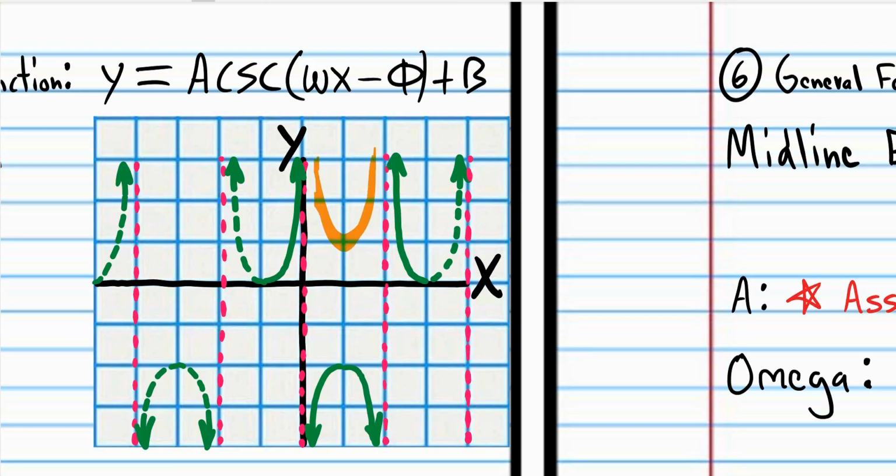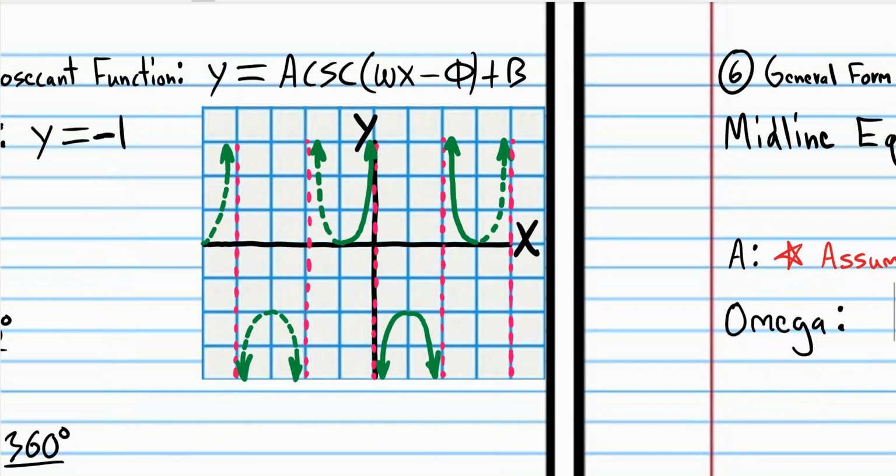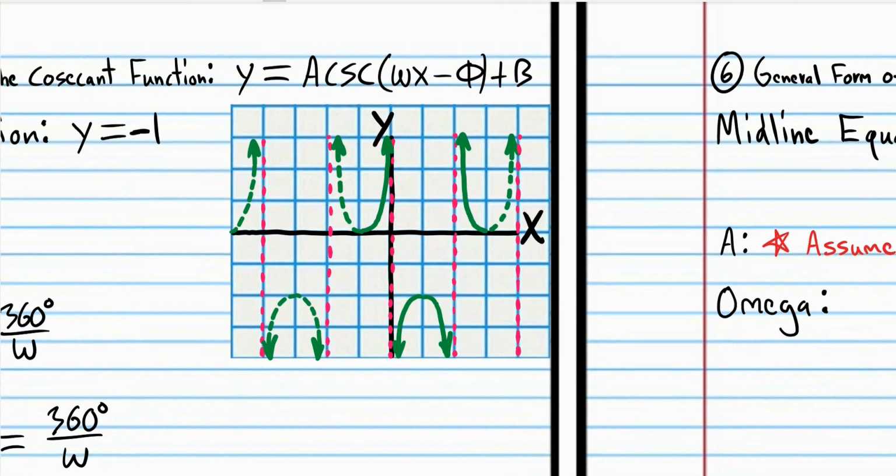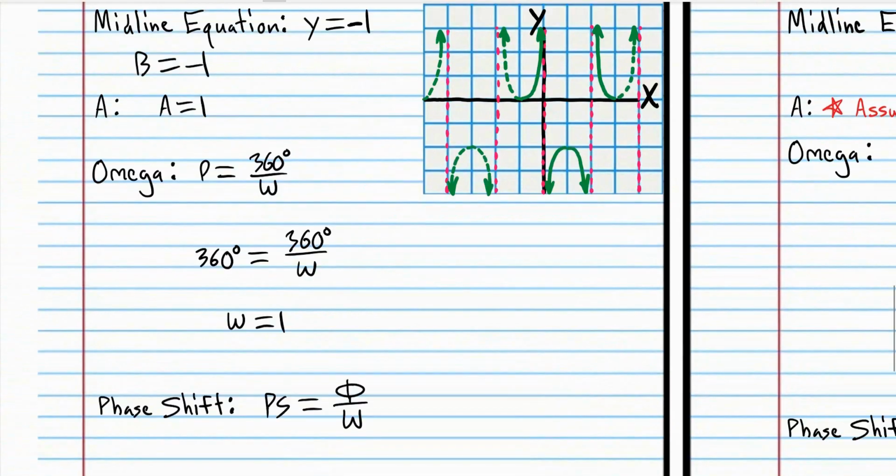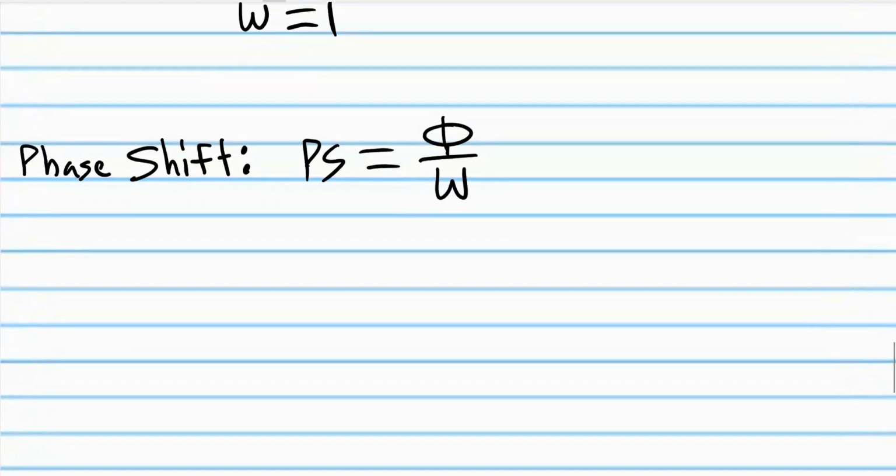But as you can see, it's moved horizontally. It's moved vertically also, but horizontally it's moved 2 boxes to the left. So that's negative 180 degrees. Each box is 90 degrees. If you move to the left 2 boxes, that's negative 180 degrees. So that's the phase shift.